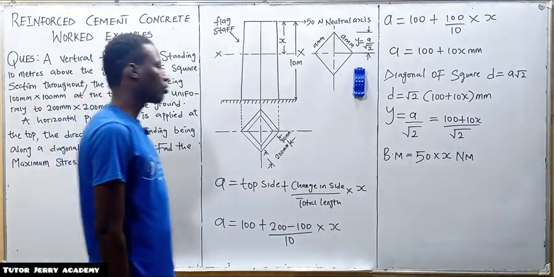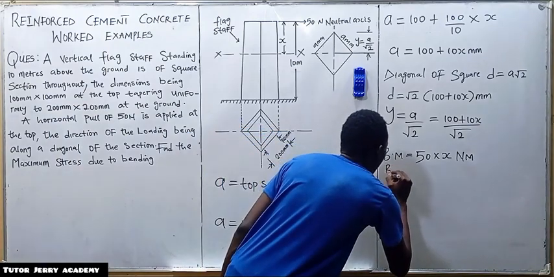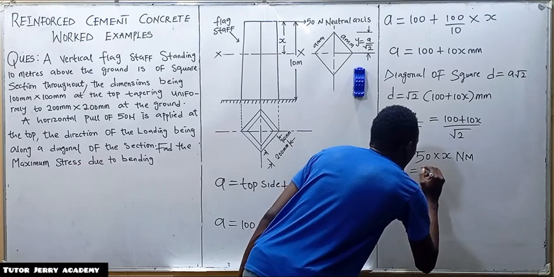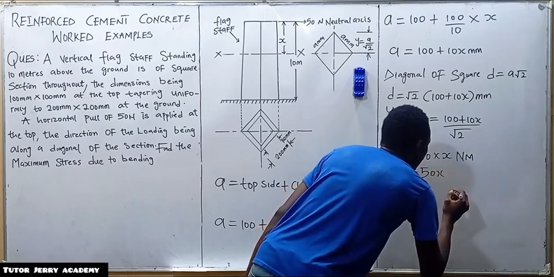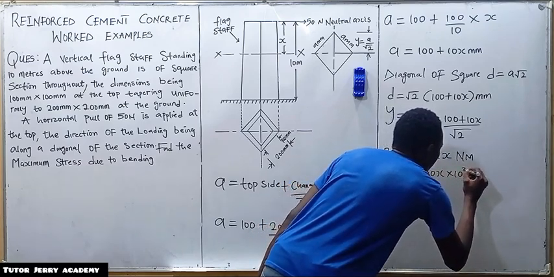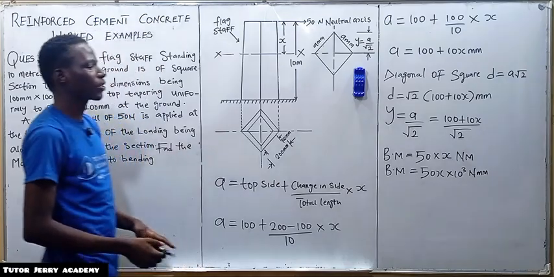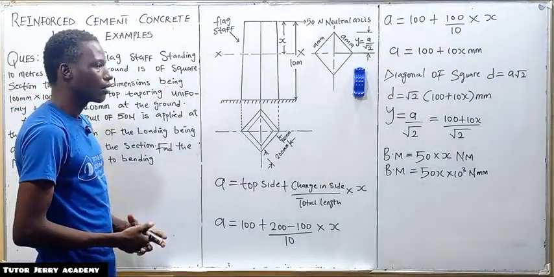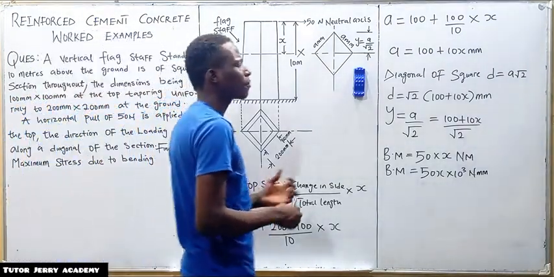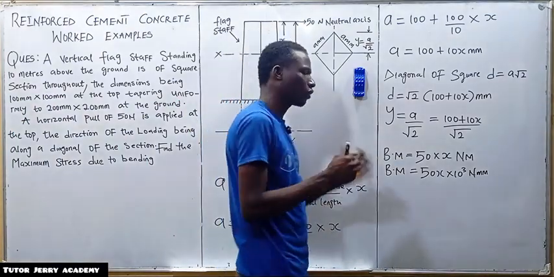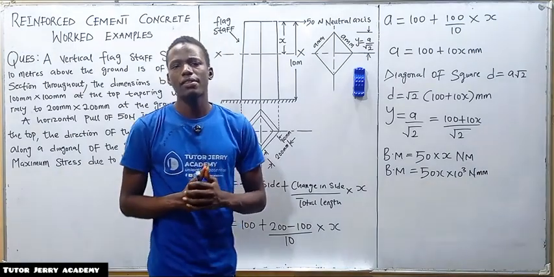So our bending moment will be equal to 50x times 10 to the power of 3 newton millimeters. This is what I have, so now we can proceed to calculate further.